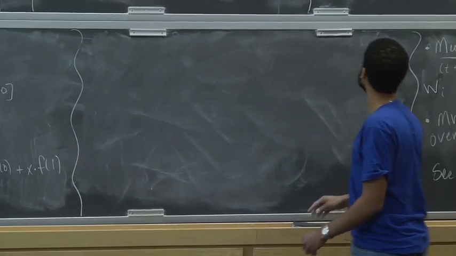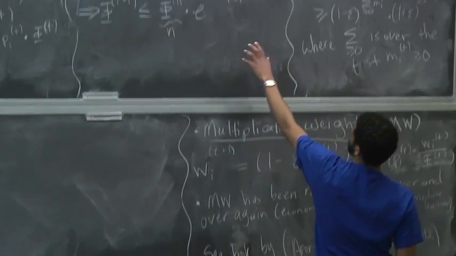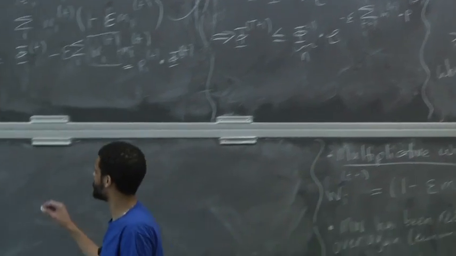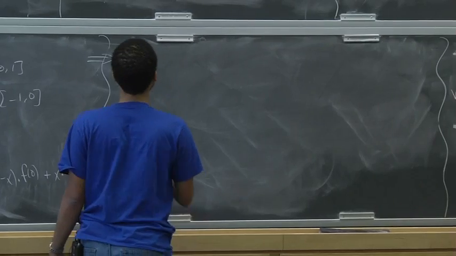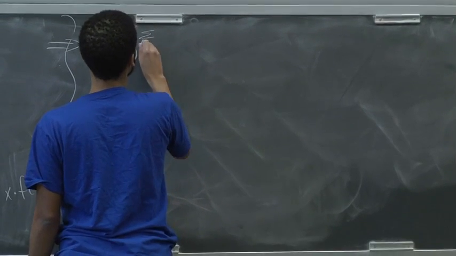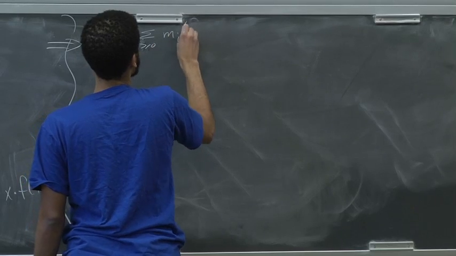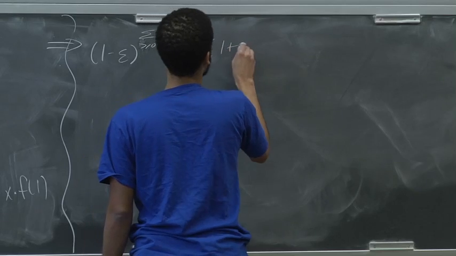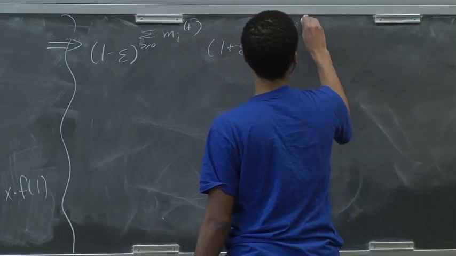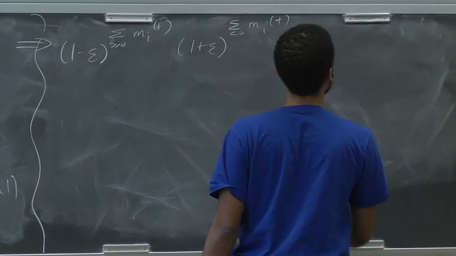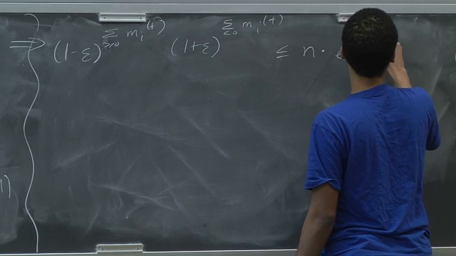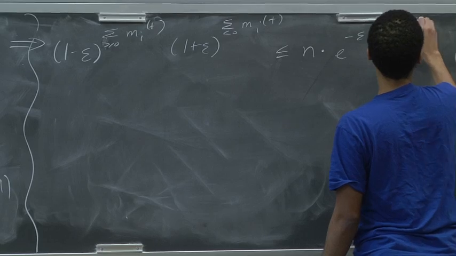So now you just put things together. You say, well, phi of t plus 1 is at most this quantity, and also phi of t plus 1 is at least this quantity. So this implies that 1 minus epsilon to the sum over greater than or equal to 0 of m_i of t, times 1 plus epsilon to the sum over less than 0 of m_i of t, is at most n times e to the minus epsilon sum over t from 1 to capital T of m_t dotted with p_t.